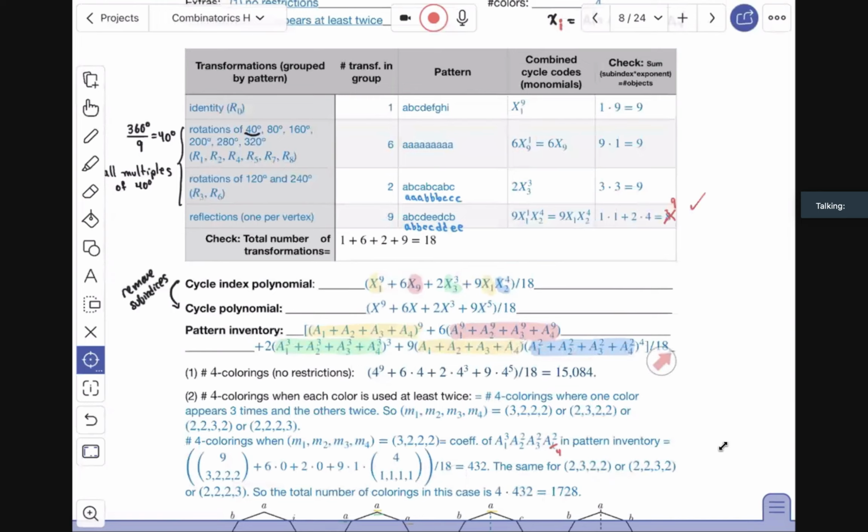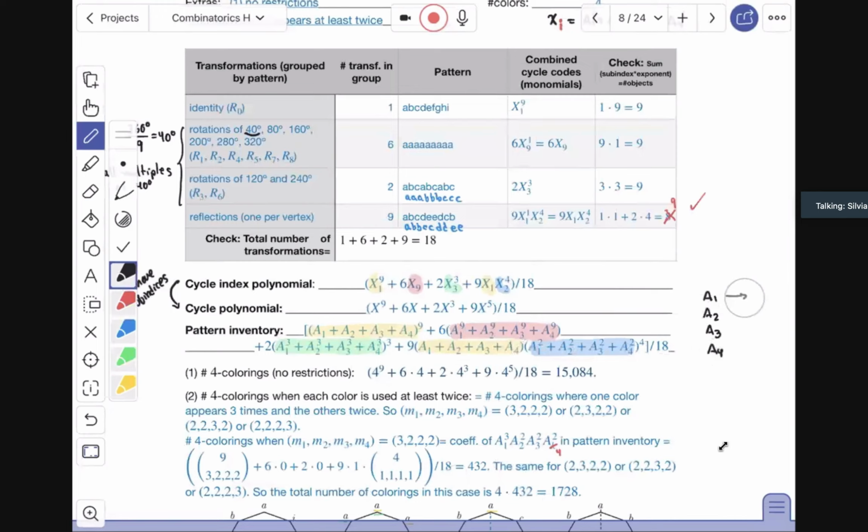So probably that's going to be the most complicated part, this computation, but again, you can just expand these and find the coefficient that you want. And if you want to use something like Wolfram Alpha, which is free and it's just like a big calculator, instead of using A1, A2, A3, A4, because it's difficult to work with sub-indices in a calculator, just use any letters, X, Y, Z, and W. In Wolfram Alpha, you can say expand, enter your polynomial.